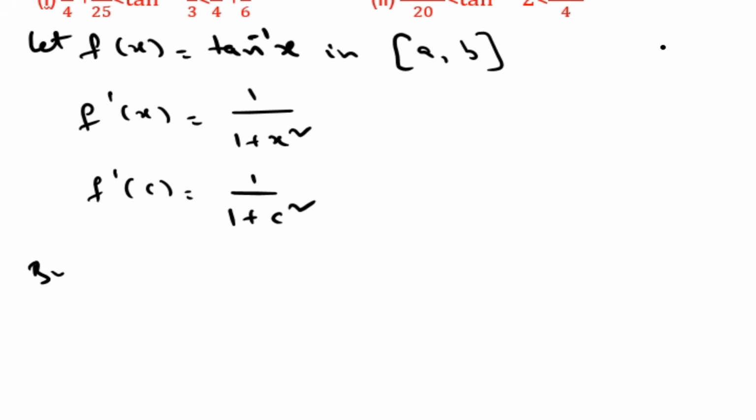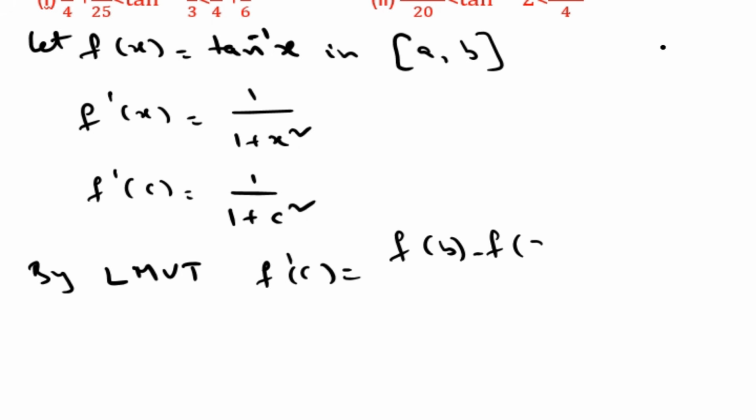By Lagrange's mean value theorem, f dash of c is equal to (f of b minus f of a) by (b minus a).